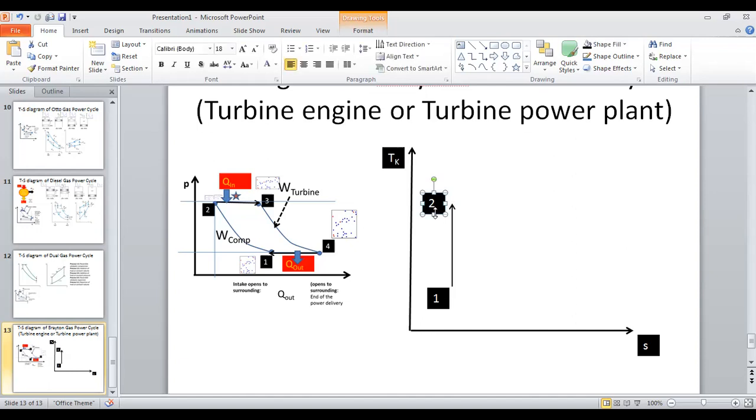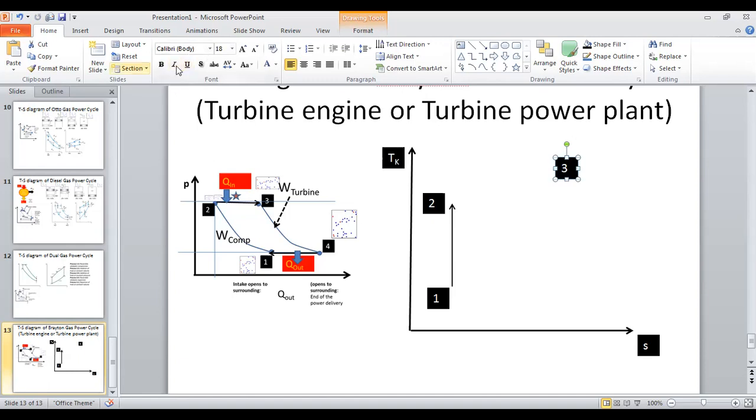So for sure, at 3, your temperature is at higher levels, and your entropy is also at higher levels.